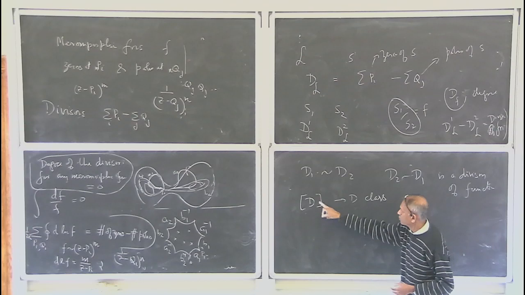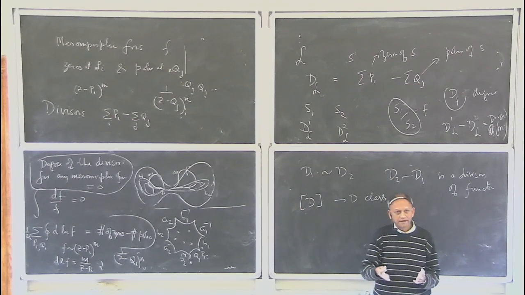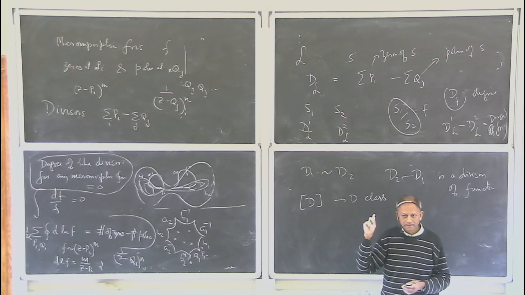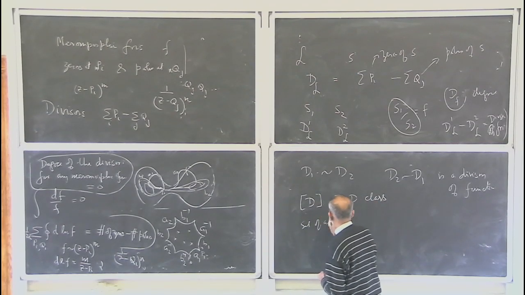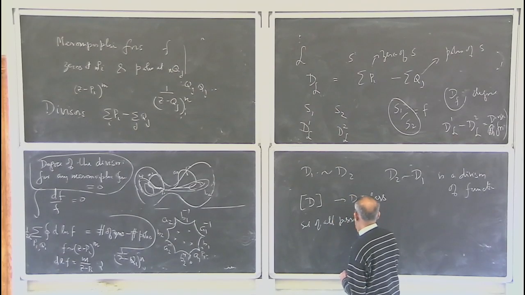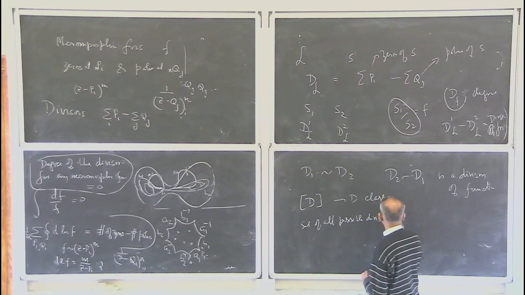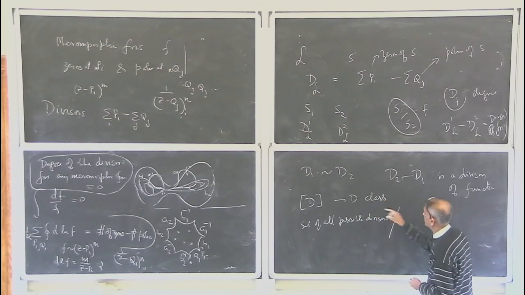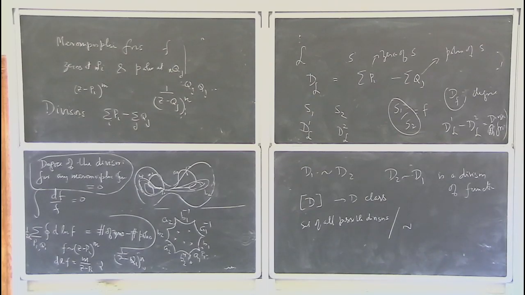So this is just obtained by taking the set of all divisors for a given line bundle and quotienting by this equivalence relation. That's the idea.